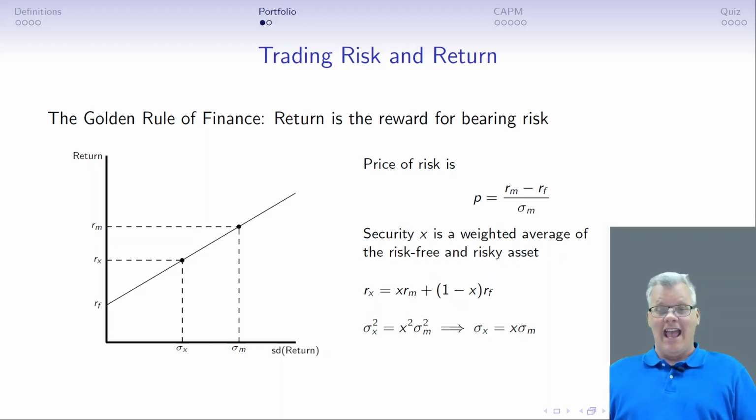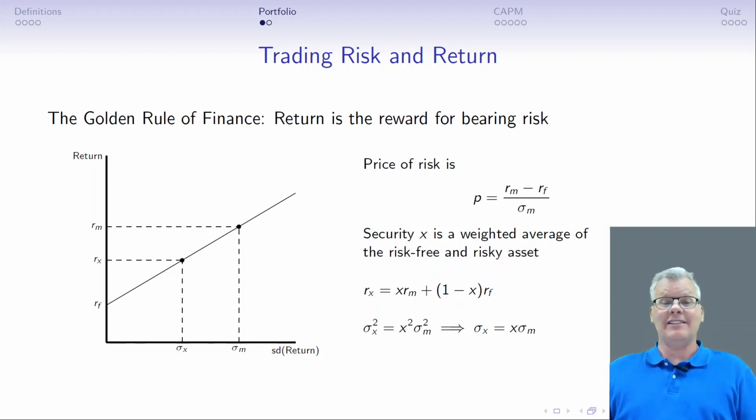The risk-free asset has a rate of return of R sub f. That's over on the vertical axis. It has a standard deviation of 0 and a guaranteed rate of return of R sub f. So the slope of this line, which is how we could trade risk for return by buying linear combinations of the risk-free asset and the risky asset, should be the rise over run.